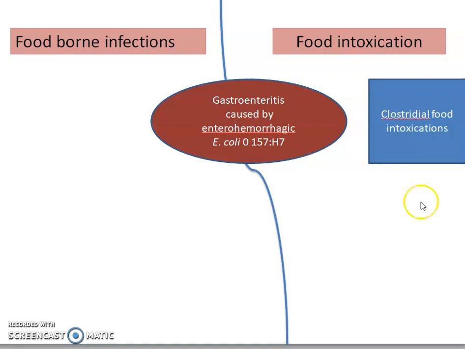I give you this slide as a task so that you can fill it. You can tabulate which are the foodborne infections, and you will see there is a common factor sharing both sides. As we told, we have the enterohemorrhagic E. coli O157:H7, which is mainly responsible for gastroenteritic diseases. So thank you for now. Hope this is clear to you.